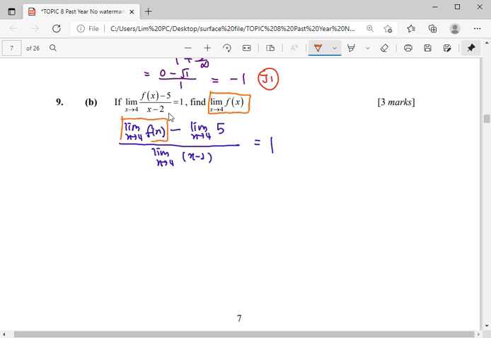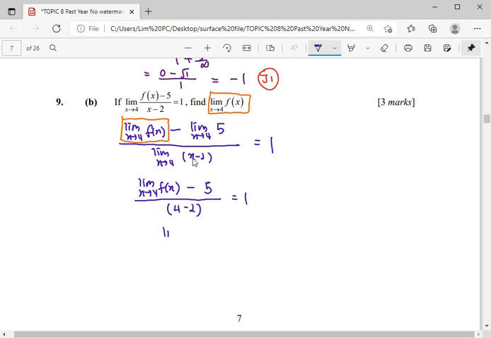For the limit of a constant, we get 5. For the limit of a linear function, we just substitute our value, so we substitute 4 here and it becomes 4 minus 2.